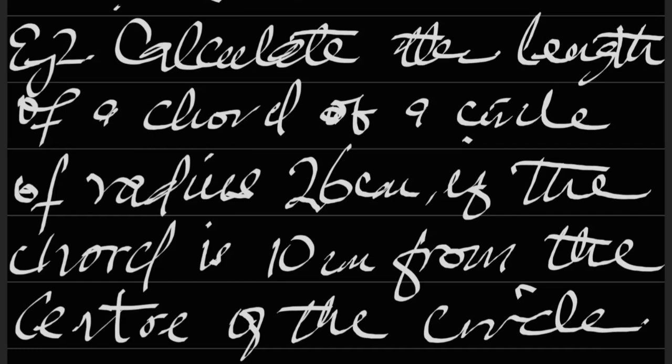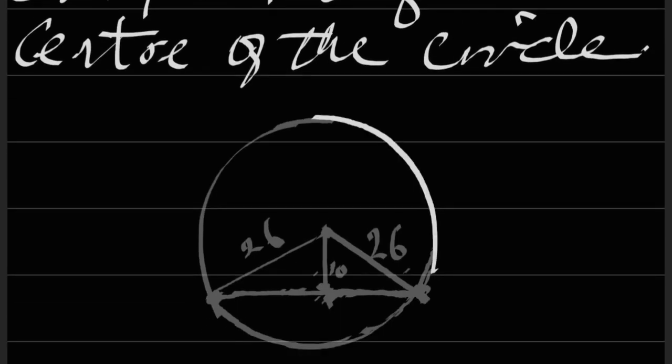Just as usual, the first thing we'll do is to draw our circle. When we draw our circle, we'll bring out the triangle and then use Pythagoras theorem to solve it. It's as simple as that. We have drawn a circle.